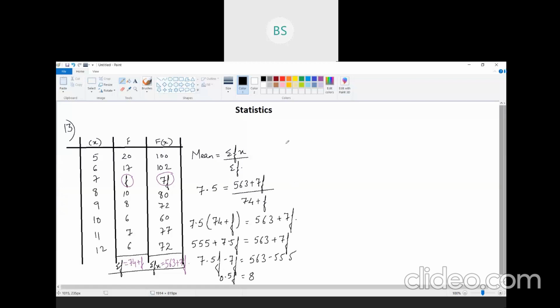And then find out f. So f is equal to 8 divided by 0.5. That will give you 16. So f is equal to 16.